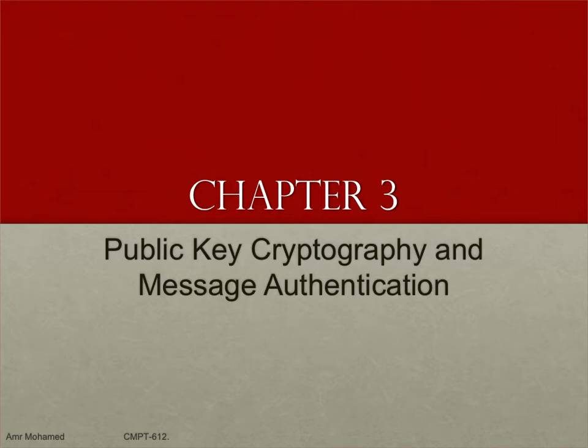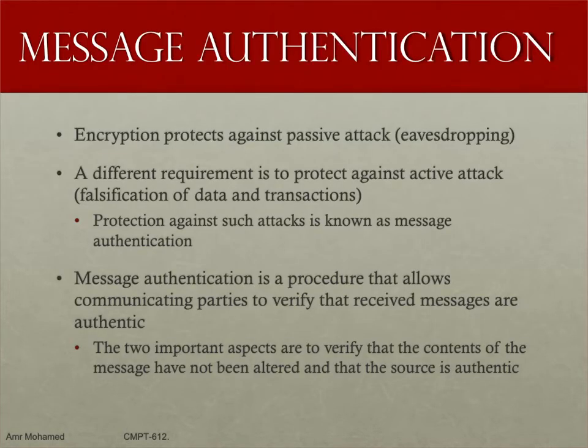So for message authentication here, we know that encryption itself protects the message against passive attacks, right? That's a fact. Confidentiality talks about the fact that we hide the information so that no one can eavesdrop on it.